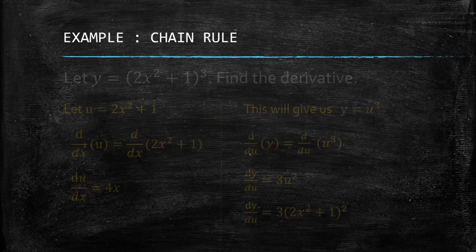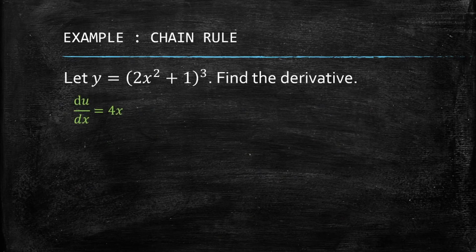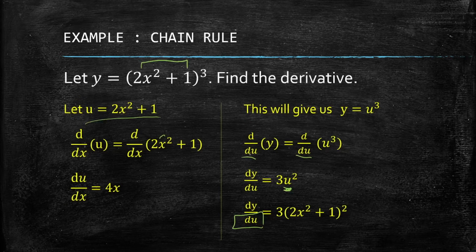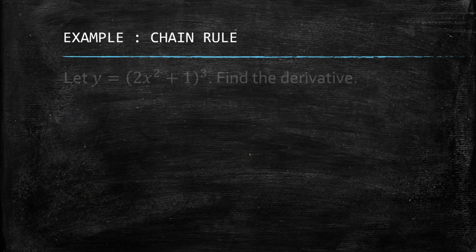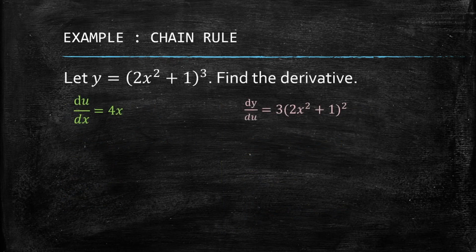So what do we do now? Take note that du dx is 4x, which is this, and then we have dy du, which is 3 times 2x squared plus 1 raised to the power of 2.